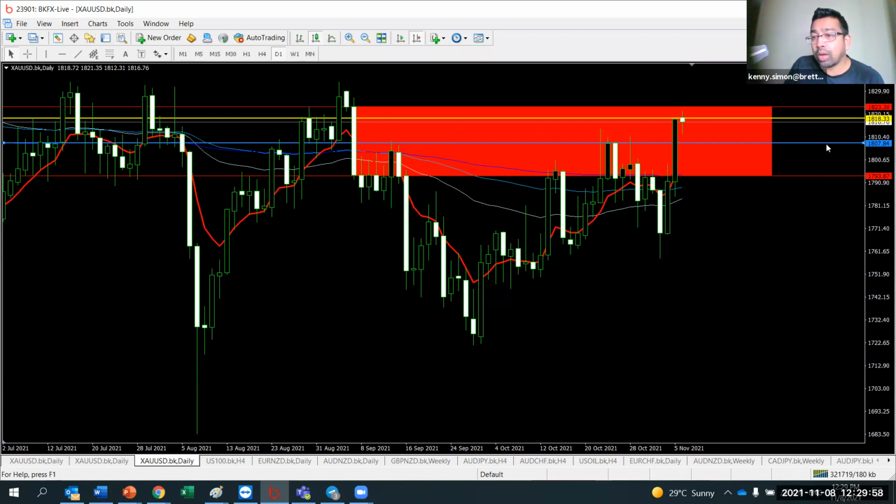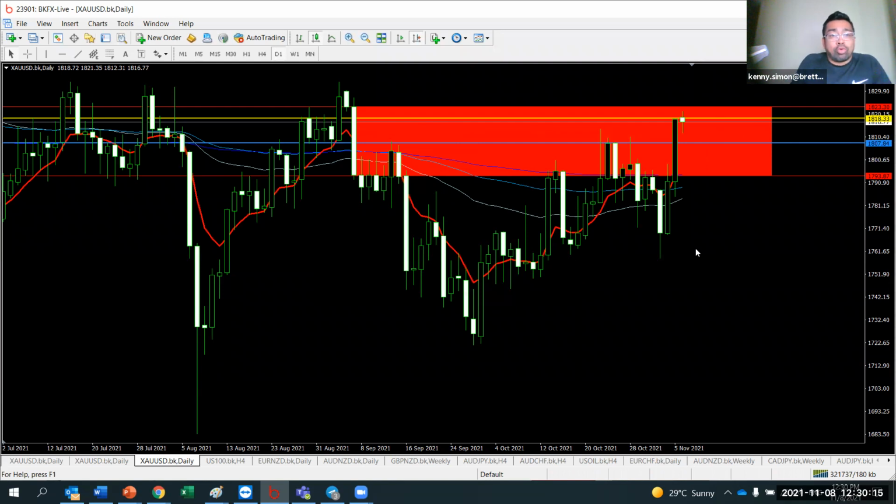Here is where I would expect price to fall and then go a little bit sideways before it goes back up again. So this is where it would be trading in a range, in my opinion, anywhere between 1807 and 1818.